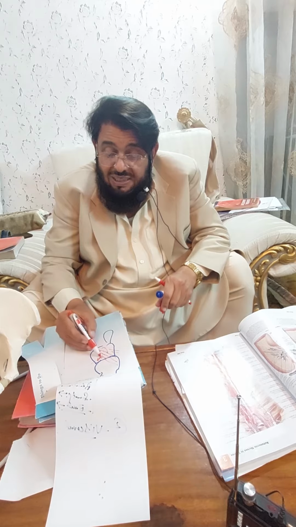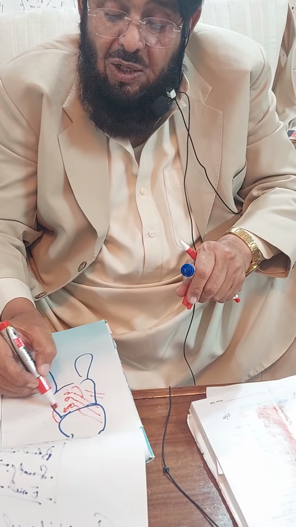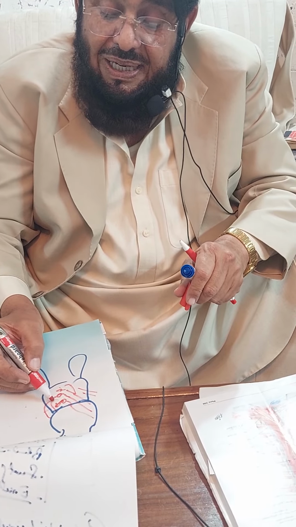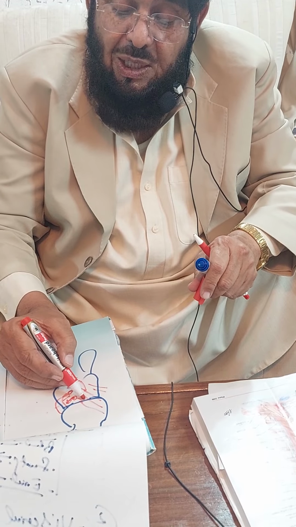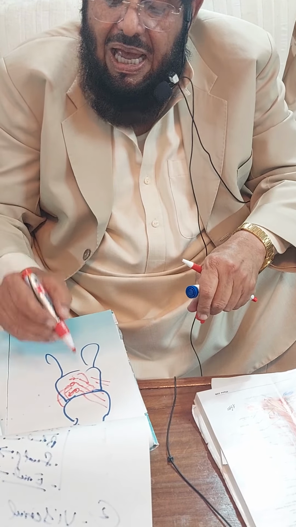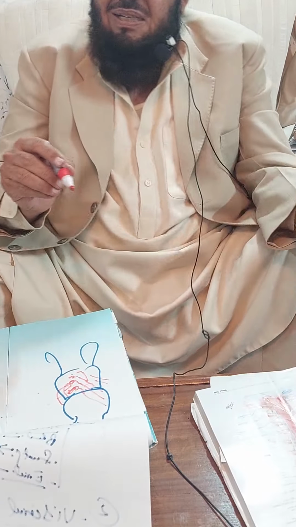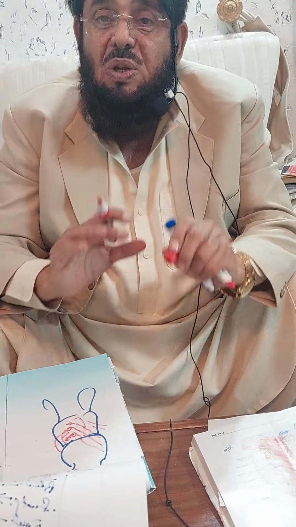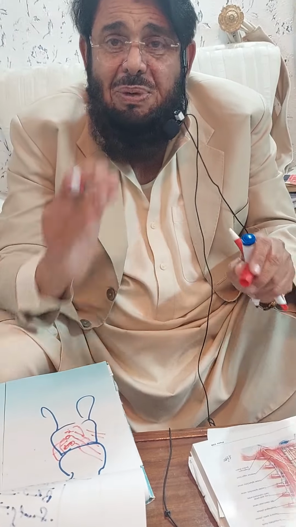For example, from the celiac ganglion, over here lies the stomach. It will enter into the stomach, into the duodenum, and into the biliary system. And from the superior and inferior mesenteric ganglion, the branches will go to the derivatives of the midgut and hindgut.